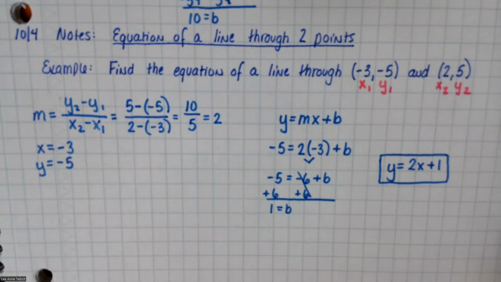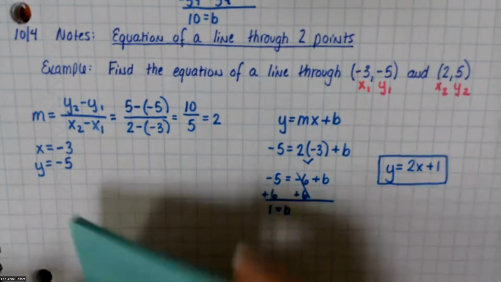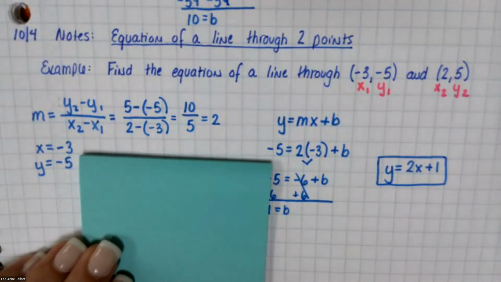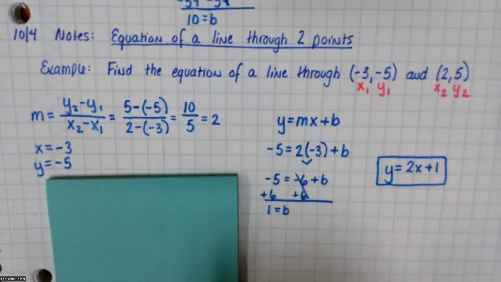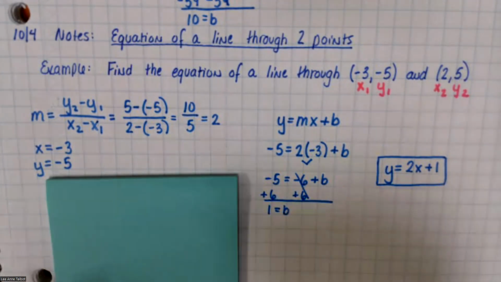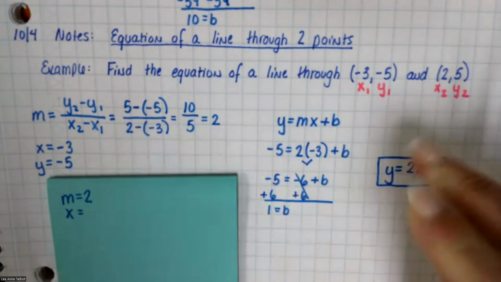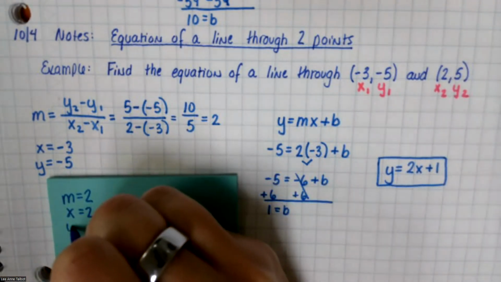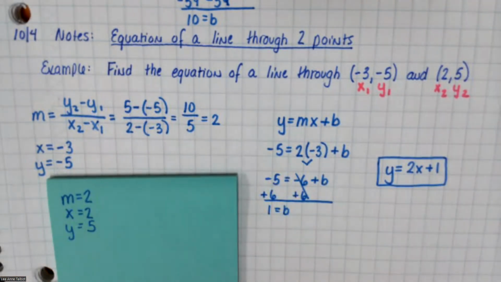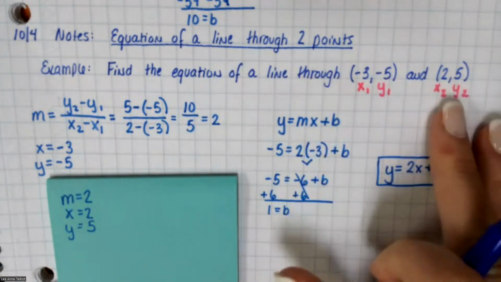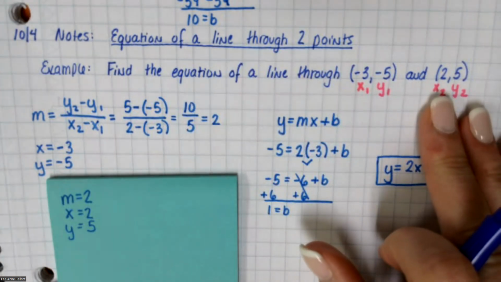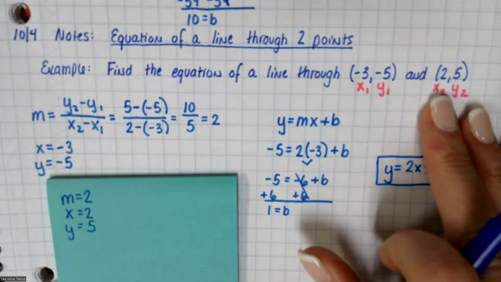Okay, so don't write this, but to answer Ella's ridiculously good question, don't write it. I mean, you can, but you don't have to. Let's pretend that I chose the other point. I'm just going along and I'm like, oh, this one doesn't have any negatives in it, so I'm going to choose that one.